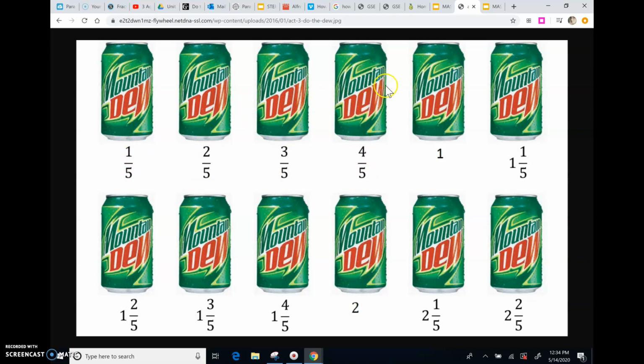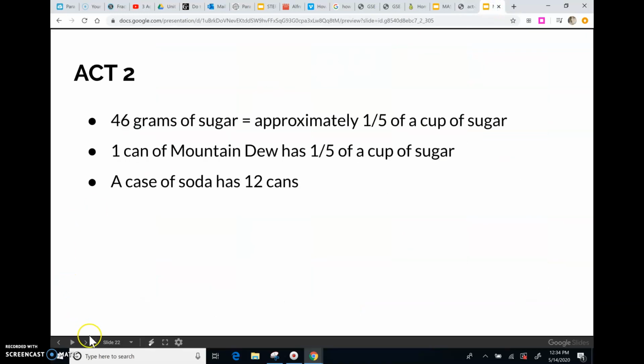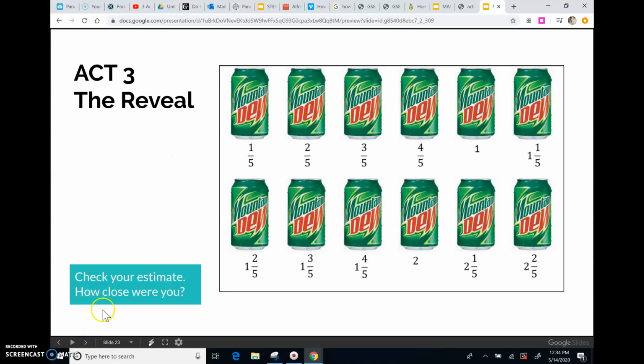It's like I'm counting on by fifths. And 5/5, of course, is equivalent to 1. Then I'm going to add another fifth, 1 and 1/5, 1 and 2/5, 1 and 3/5, 1 and 4/5, and 1 and 5/5 is the same as 2 whole cups of sugar. And then we have 2 and 1/5 and 2 and 2/5. How close were you? Were you able to figure that out?